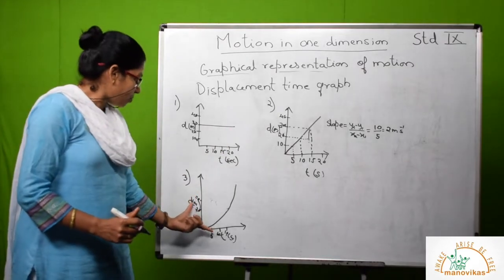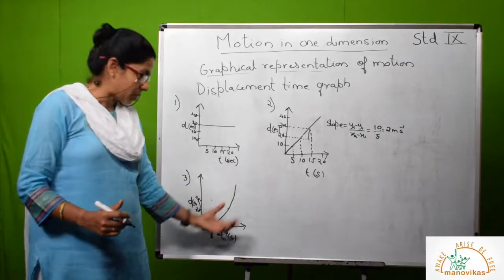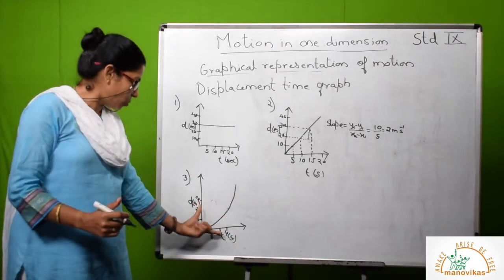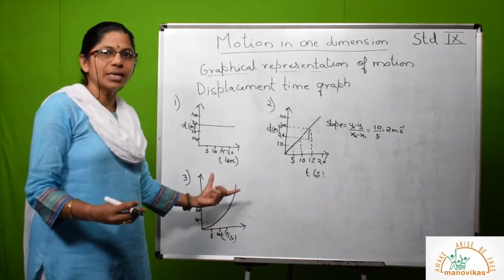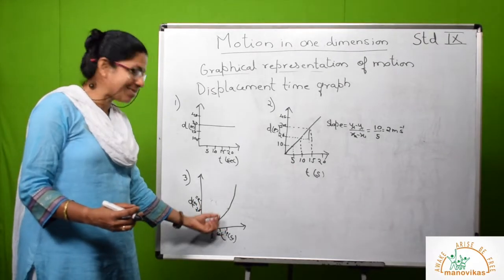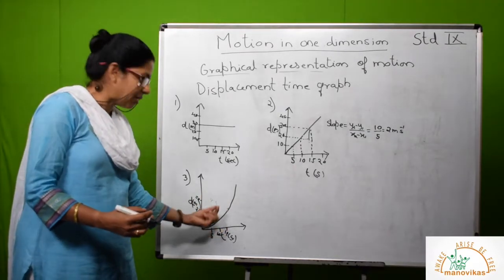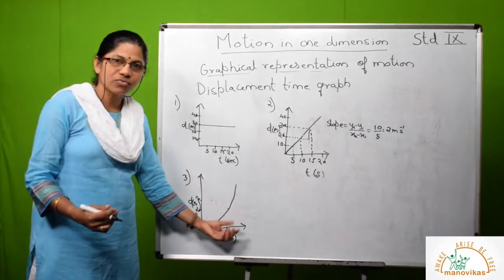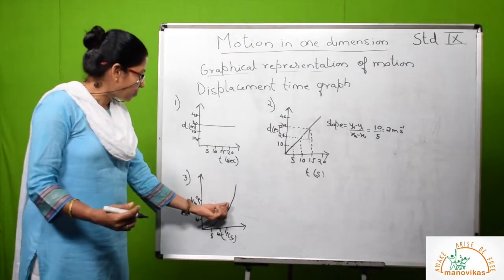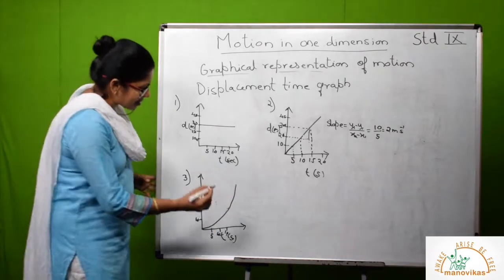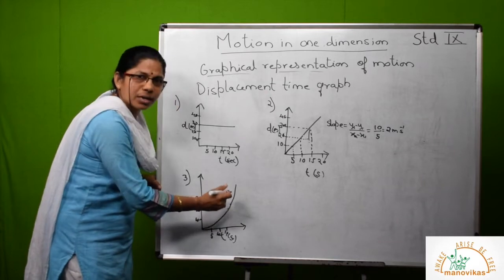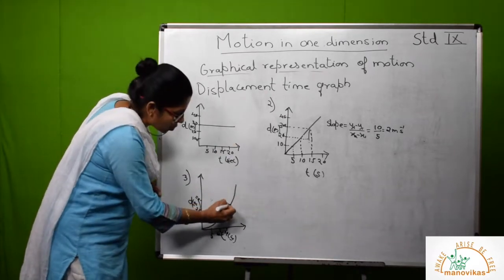So what information do you get about the velocity of the object? Here the velocity will not be constant, so it represents non-uniform velocity. In case of such a graph, you can find the slope of the graph by considering any one point, and you can draw a tangent to that point.